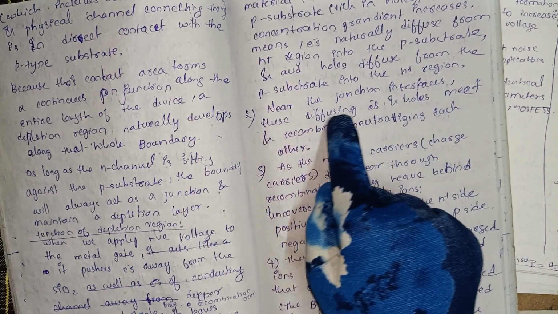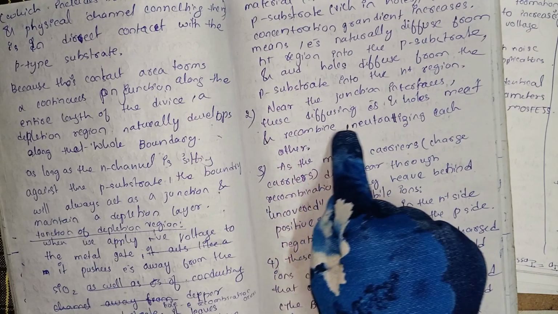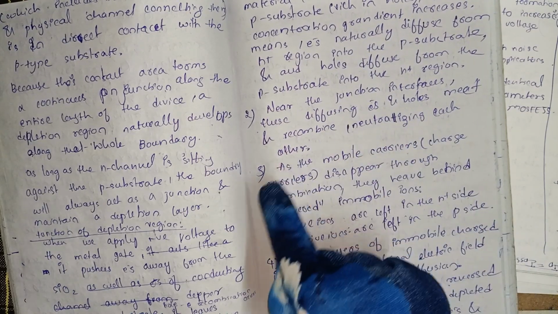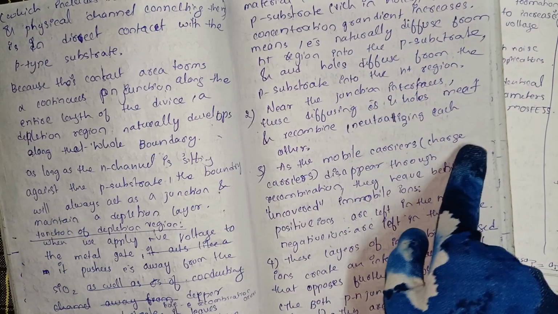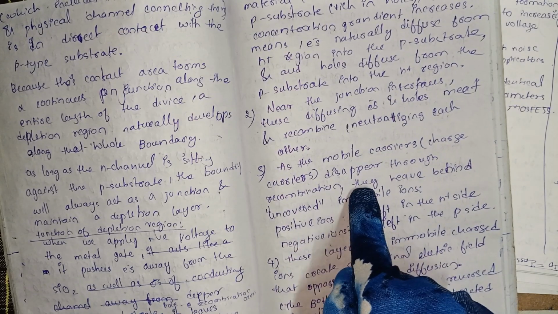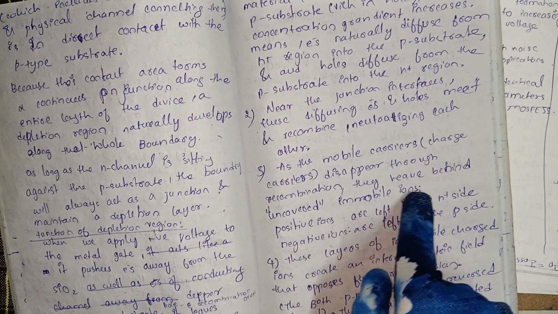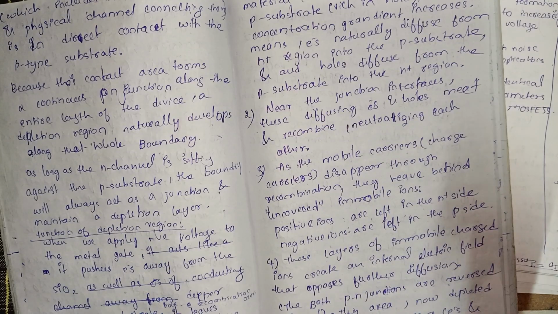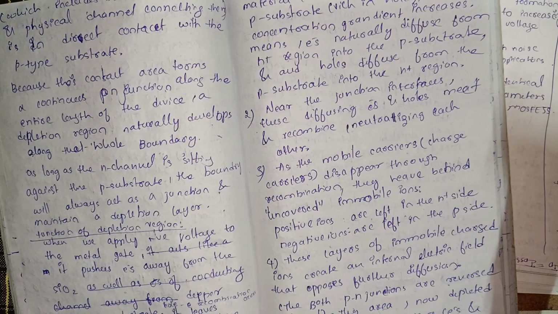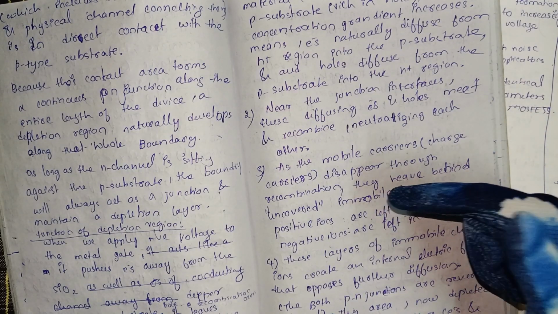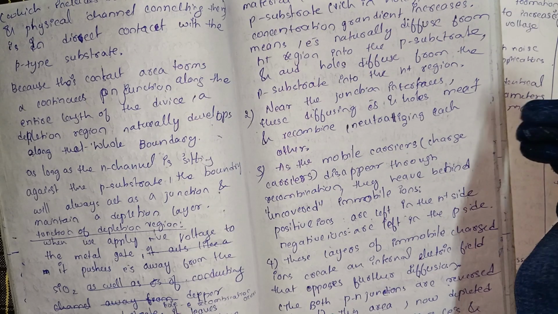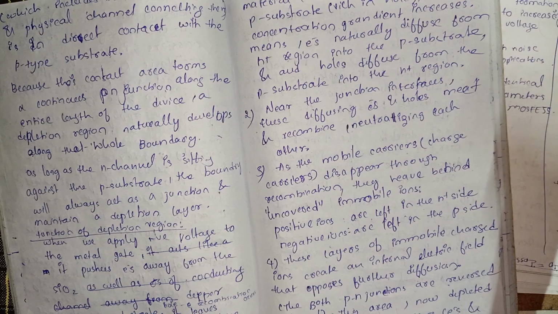Near the junction interfaces, these diffusing electrons and holes meet and recombine, neutralizing each other. And as the mobile charge carriers disappear through recombination, they leave behind uncovered immobile ions that are negative acceptors in the p-type material and positive donors in the n-type material. So we already know p-type material contains holes and negative acceptors, and n-type material contains free electrons and positive donors.